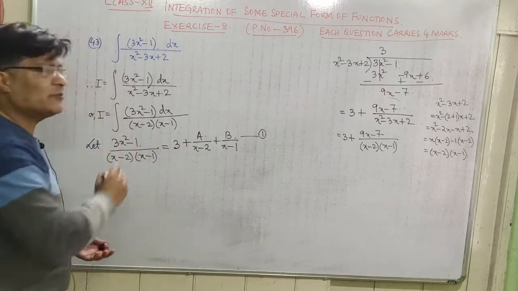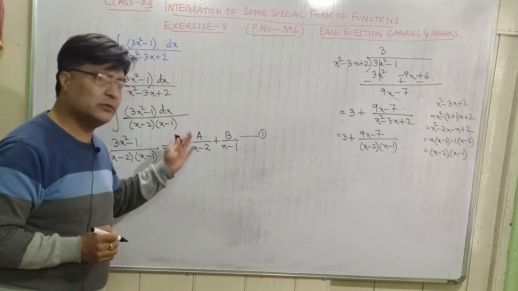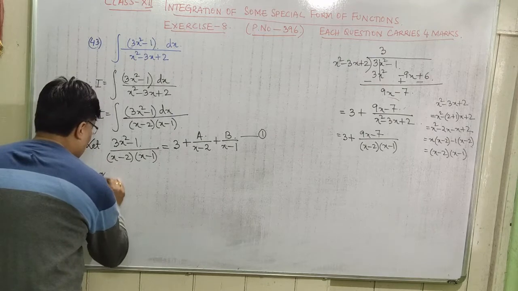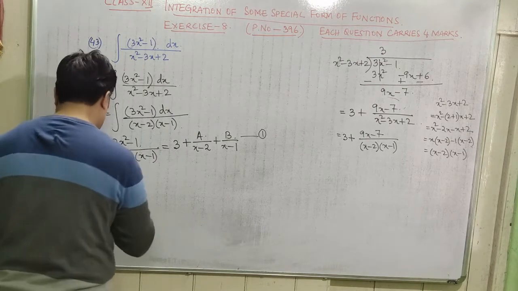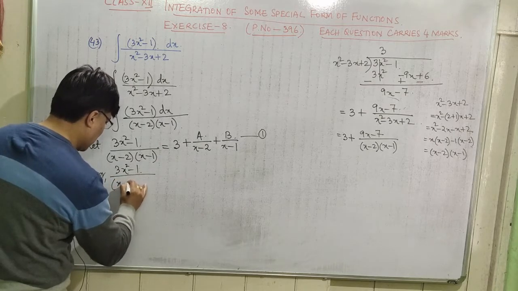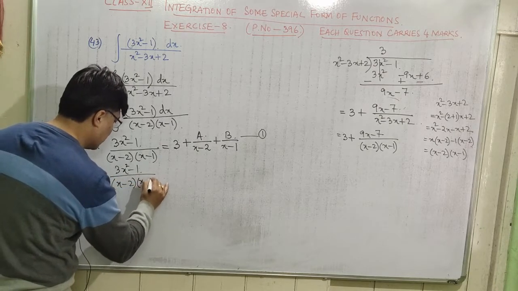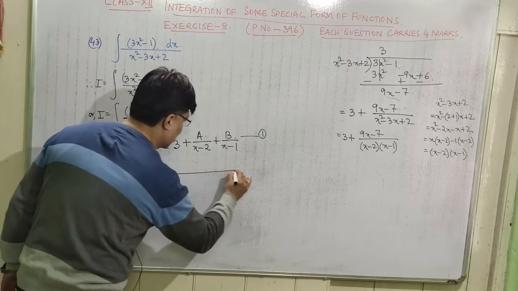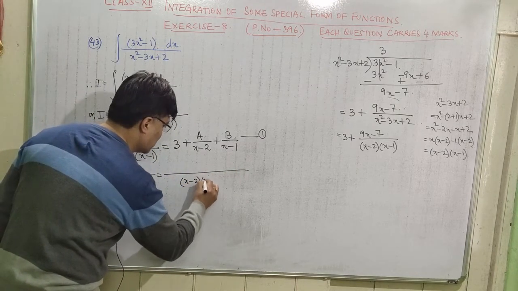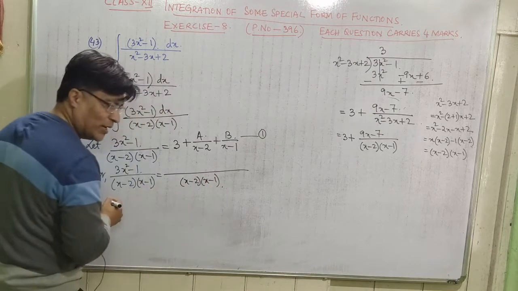Okay. So let us find out the values of these constants A and B. So now this is your (3x square minus 1) divided by (x minus 2) into (x minus 1) is equal to, let us take the LCM out here. What's the LCM? (x minus 2) into (x minus 1).